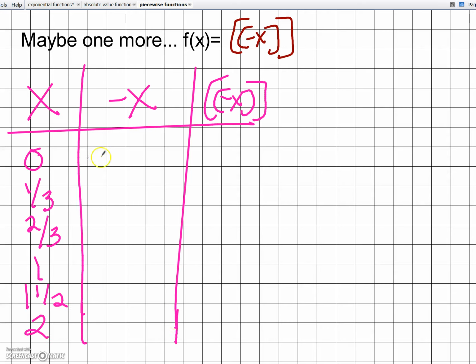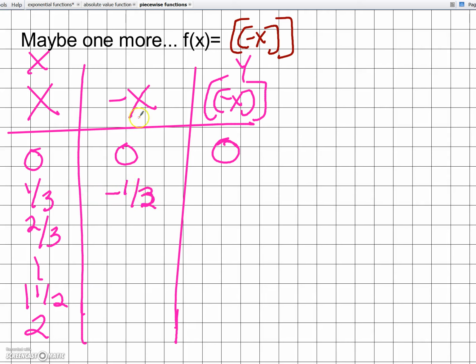So what is negative x? Negative 0 is 0, so obviously that is going to be 0. Remember, this is our x and this is our y here. So negative x, negative 1/3.